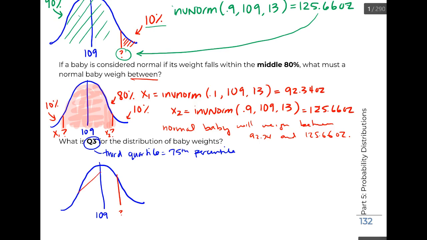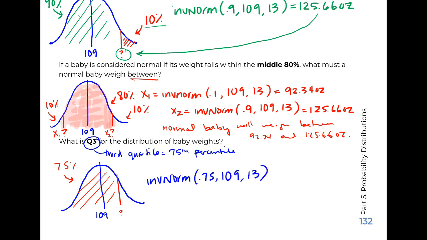Whatever this is, we want the area to the left to be 75%, which is the perfect setup for inverse norm, because inverse norm wants a left side percentage. I won't even figure out what that is, but you get the idea, hopefully. That's basically every possible way I can ask this question. I can give you a left side, a right side, or a middle, and then you have to find those different cutoffs using inverse norm.